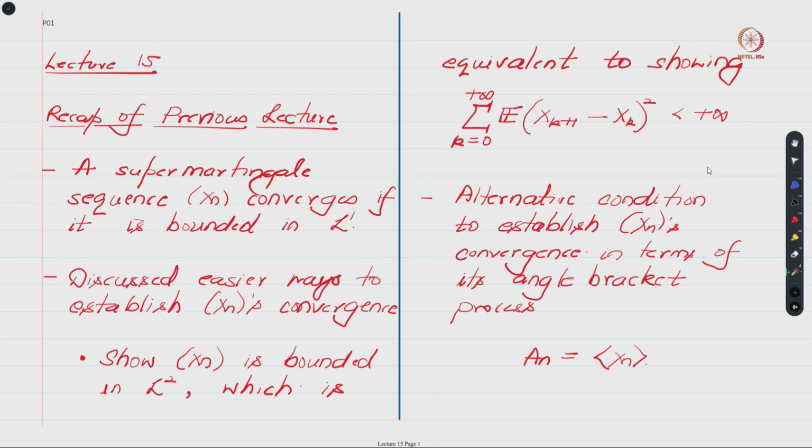And we said that this condition by itself is not going to be enough, or will put restrictive assumptions during our convergence analysis of stochastic approximation, and hence we asked, can we establish a weaker sufficient condition under which we can establish Xn's convergence, right. Towards that we defined this angle bracket process. It is referred to as the angle bracket process because of this notation.